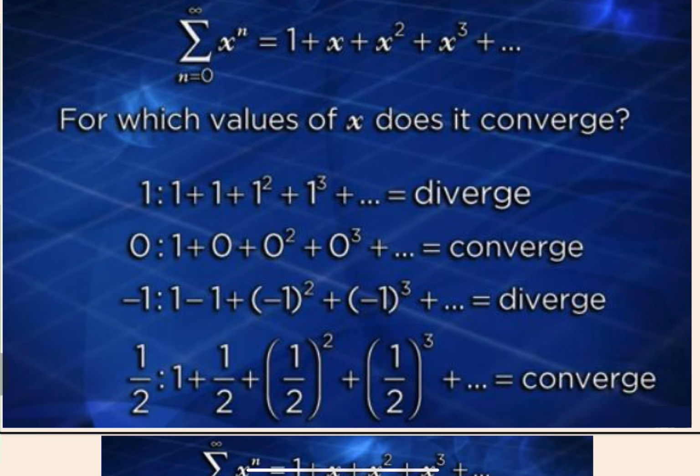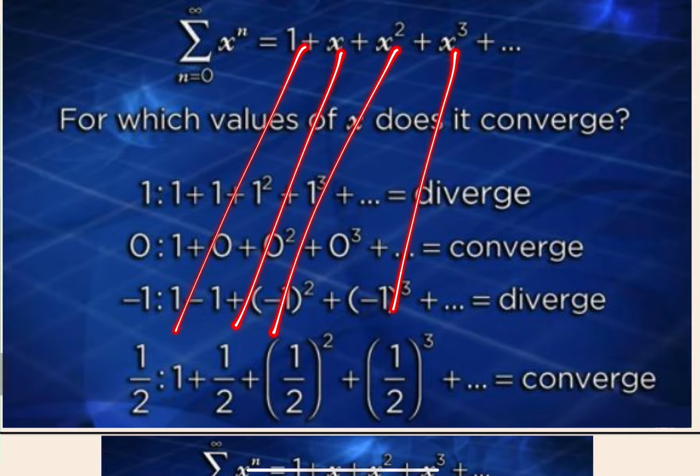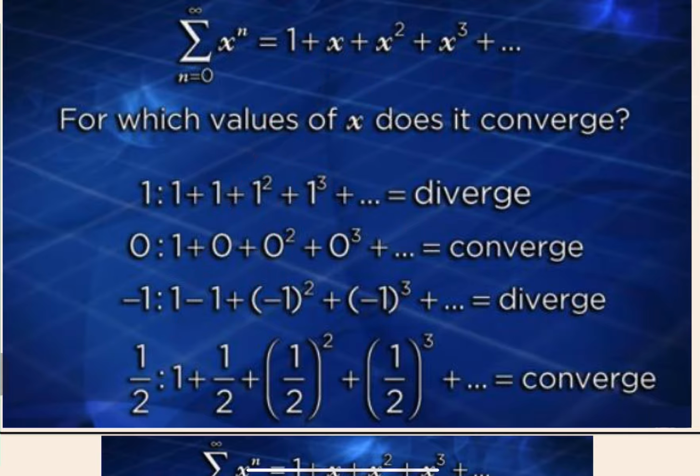How about at 1 half? At x equal to 1 half, we have 1 plus 1 half plus 1 half squared plus 1 half to the 3rd power. This is our geometric series, in which r is equal to 1/2.